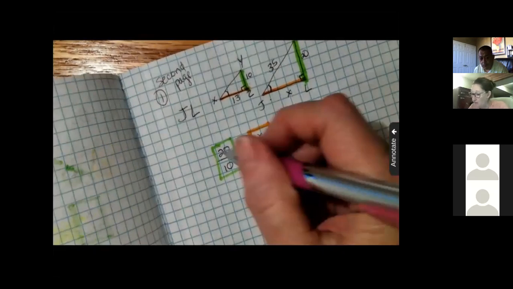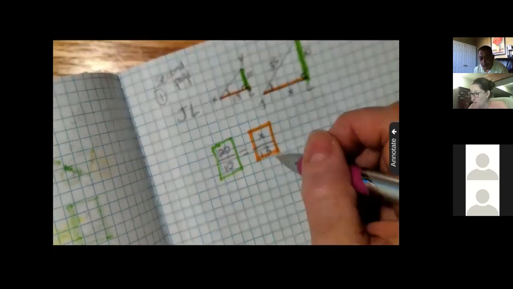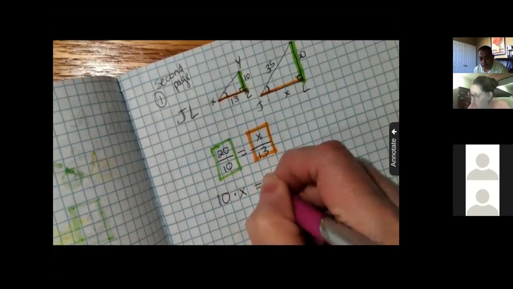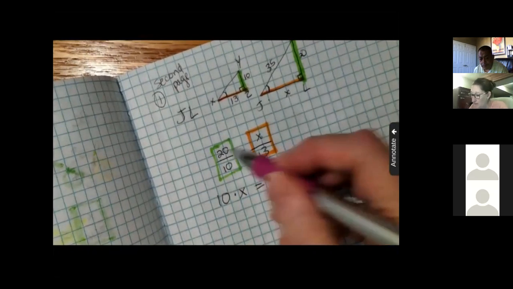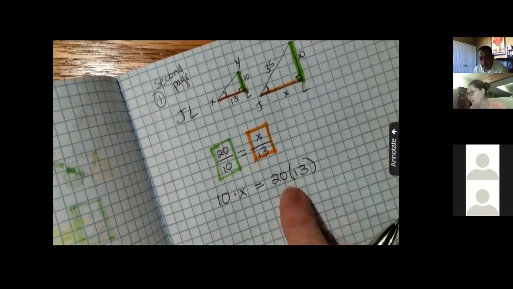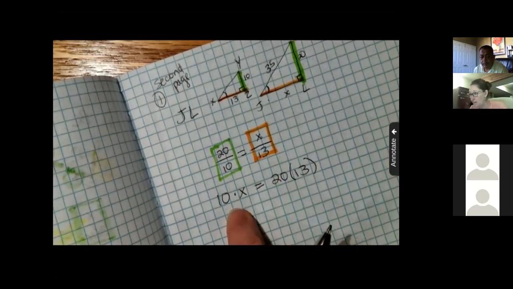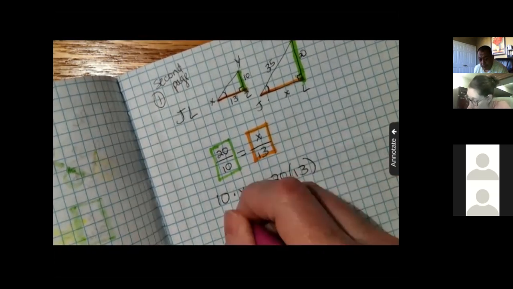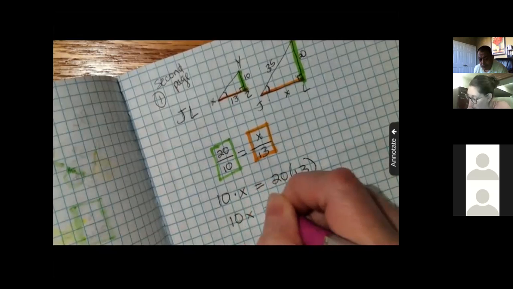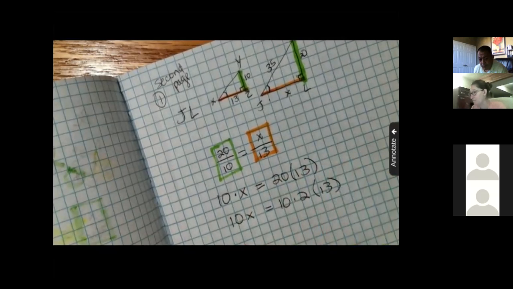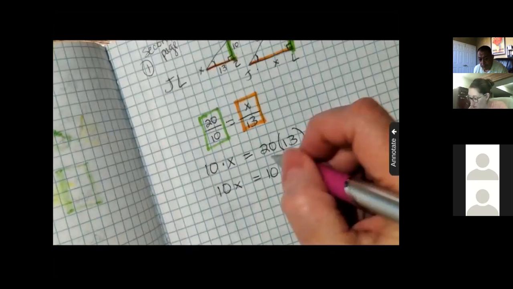So now again, we cross multiply: 10 times X, and because we like to factor, I keep them separate, 20 times 13. Now, there's a 0 here and a 0 here, which means there's probably a 10 in 20. So if I divide by 10, I can factor this out. Let me get a 10x, and 10 times 2 times 13. See how I split these up?